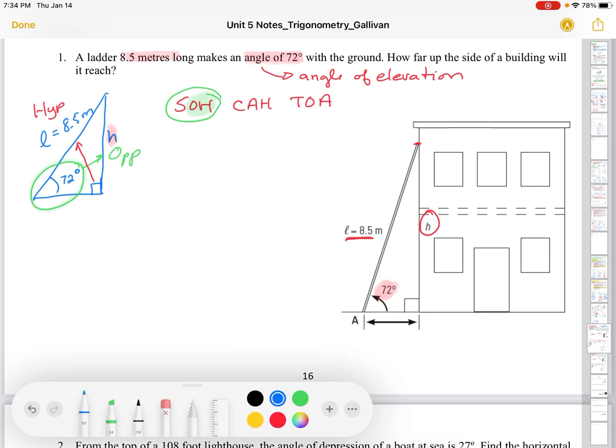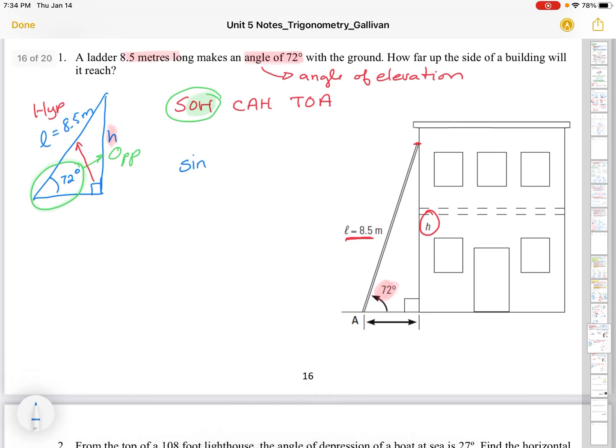All right, so from that, sine theta will equal opposite over hypotenuse. So we'll go sine of 72 degrees equals h over 8.5. Well, it's one of the nice ones where our unknown is in the numerator, so we just have to multiply to solve, right?